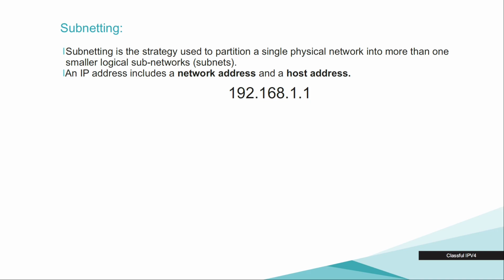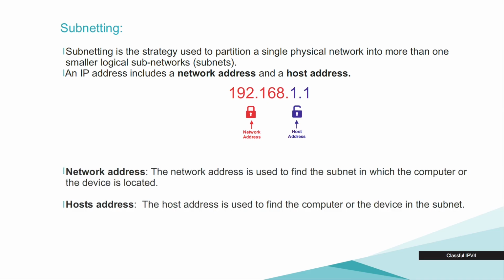So in our example here, we have the IP address 192.168.1.1. We can use subnetting and split the IP address into network address and host address. In our example here, we have 192.168. This is the network address, and 1.1 is the host address.